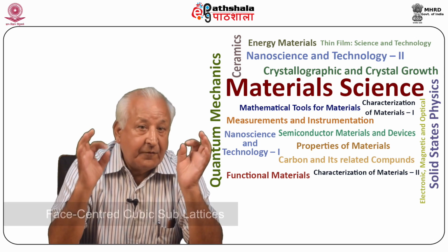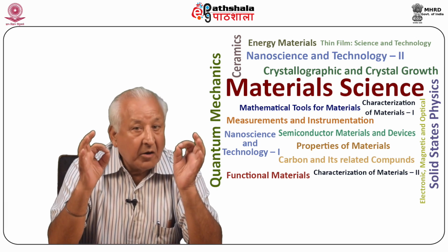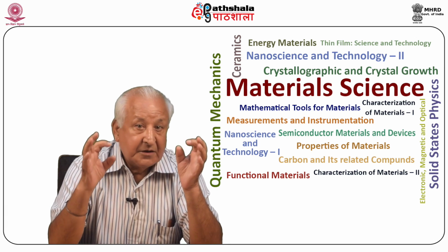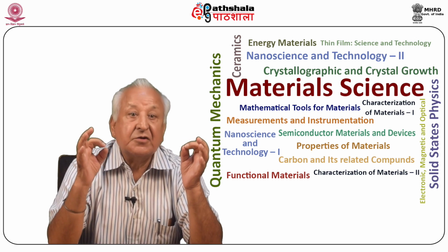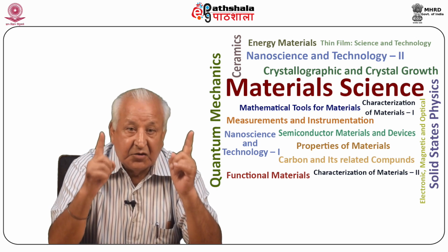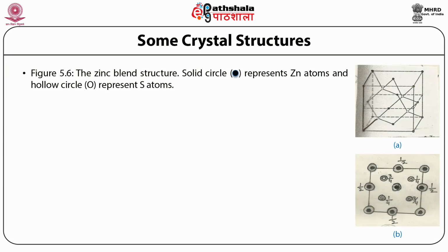If the two face-centered cubic sublattices are occupied by elements of different type, a structure of the type of zinc blende is obtained. Figure 5.6 shows the zinc blende structure.